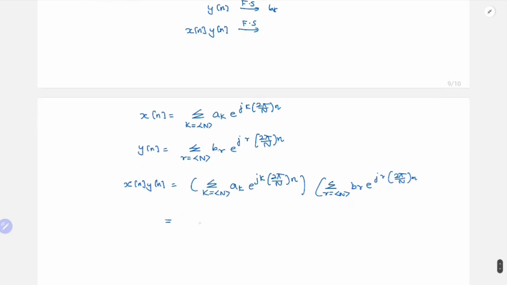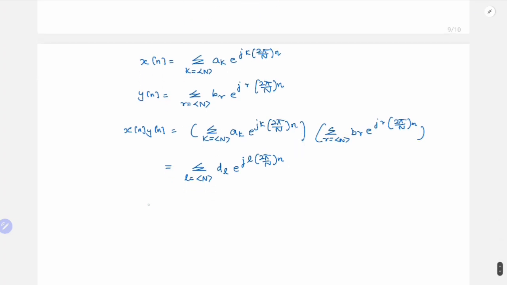And I need to get it in some form of summation, let's say l equal to N, some dl e power jl into 2 pi over N into n. So I'll get N into N terms. So N square terms I'll get, and I have to group them to get it of this form.